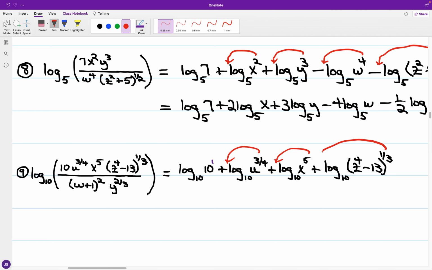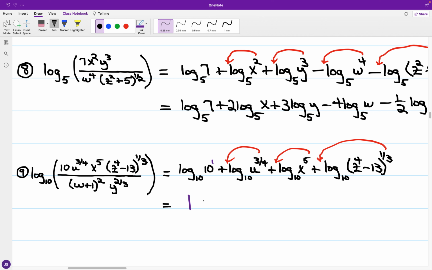Again, looking at our powers and rewriting as coefficients. Now the first term had the base 10 logarithm of 10, or 10 to the first. Again, the bases will take care of each other. So the first term goes to 1.